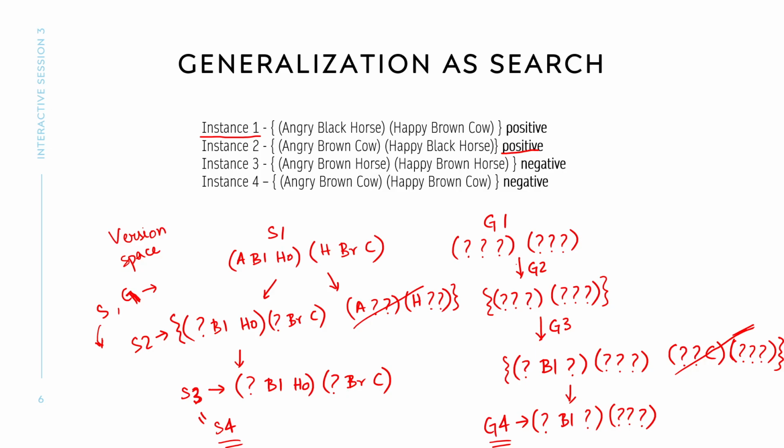So you see, as you keep adding more positive examples, more negative examples, G4 will move on to G5 and G6, and they will become more and more specific. And S4, S5 will become more and more general, until both of them become the same.